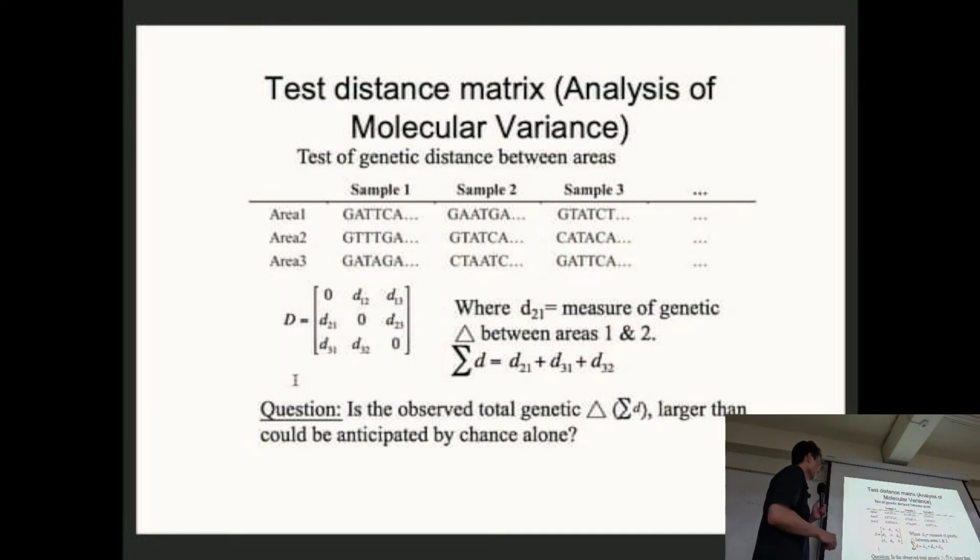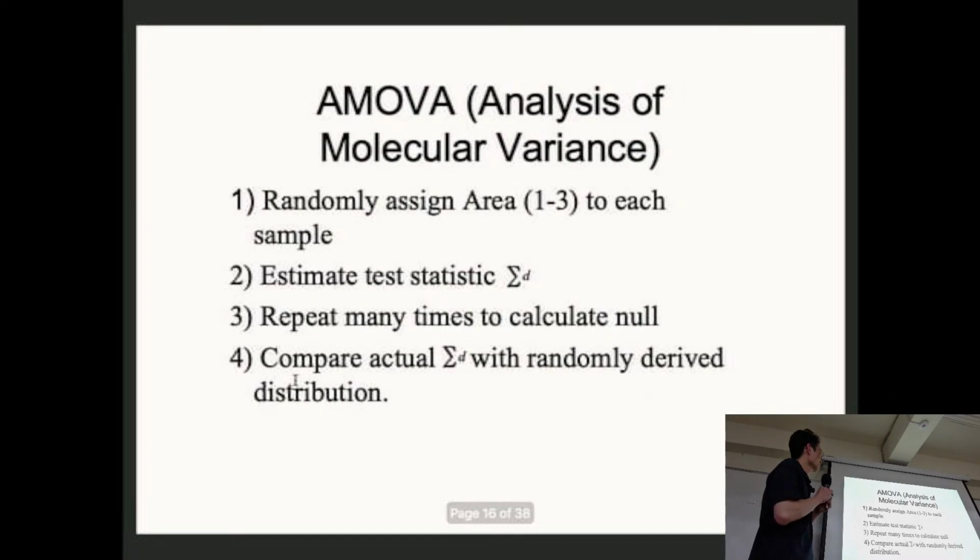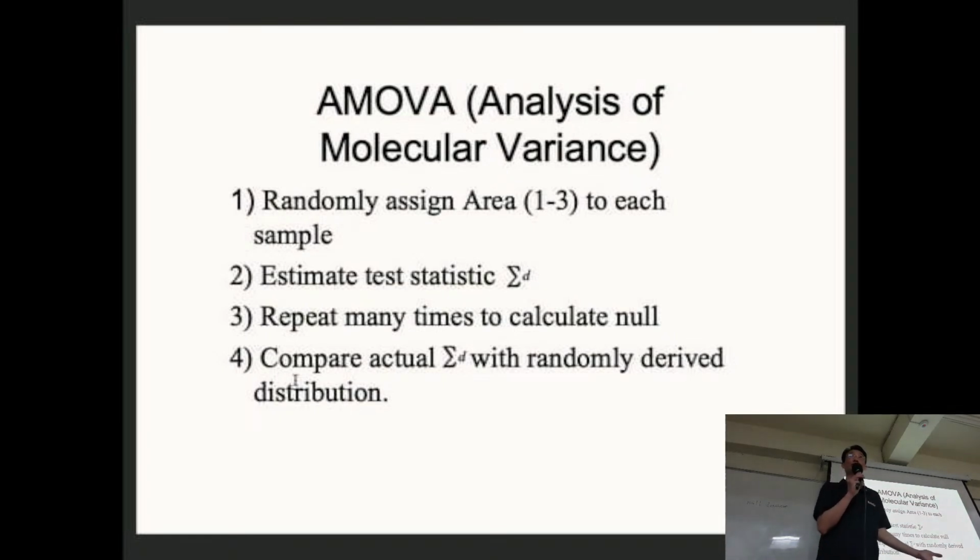And what I mean by anticipated by chance alone is that you randomly shuffle your data set and then repeatedly calculate your total genetic distance. So you randomly assign the area tag to each sample, and you repeat, and you calculate the null distribution of summation D. That is your null distribution.